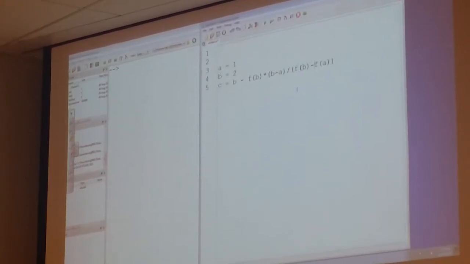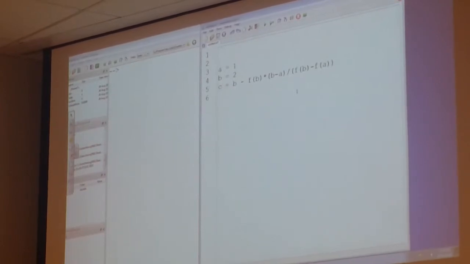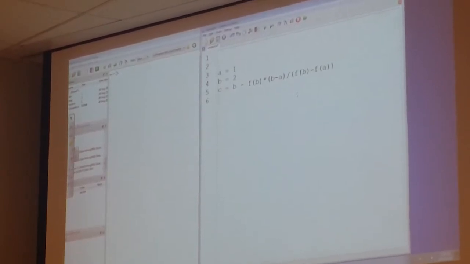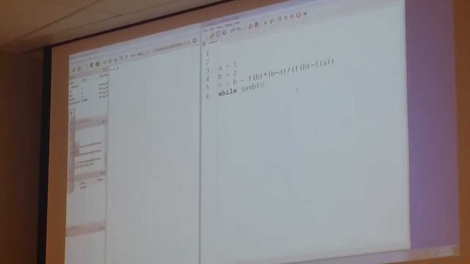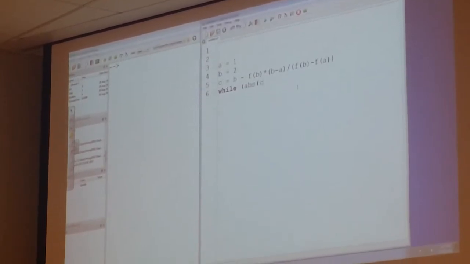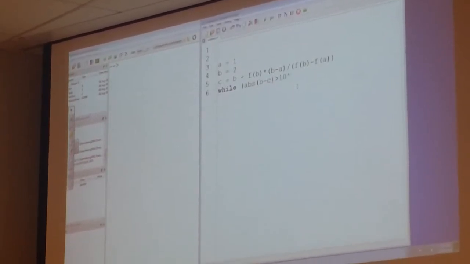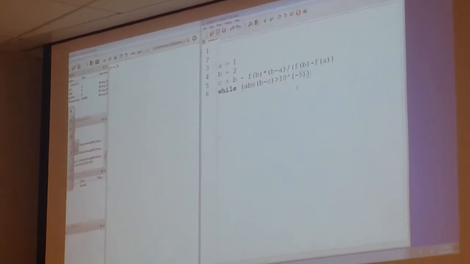Is that okay? Now, this is the concept. If it's wrong, you do it again. While it's wrong, using the same technique, while the absolute value of B minus C, or C minus B, doesn't matter, is still bigger than 10 to the minus 5.